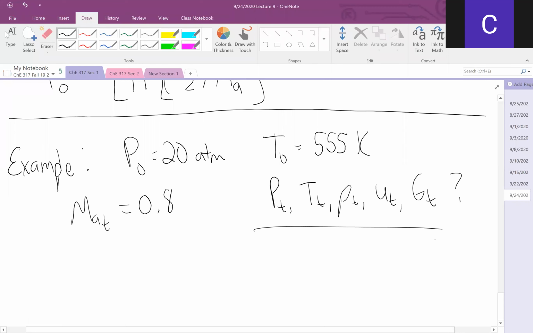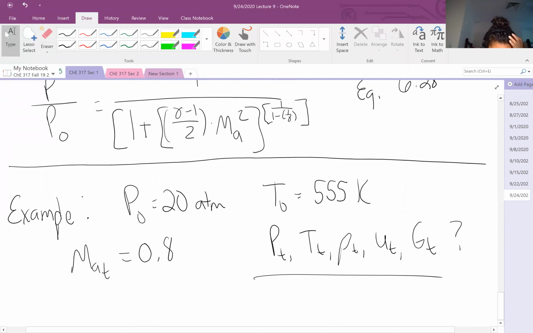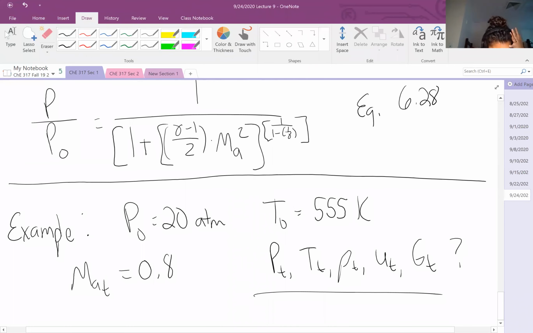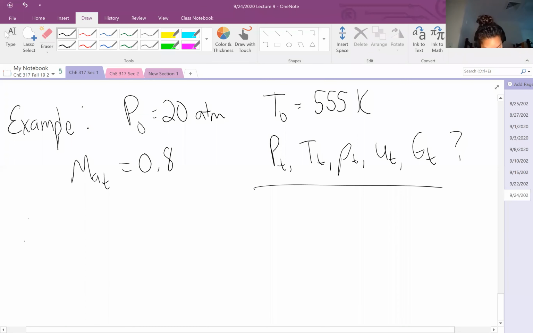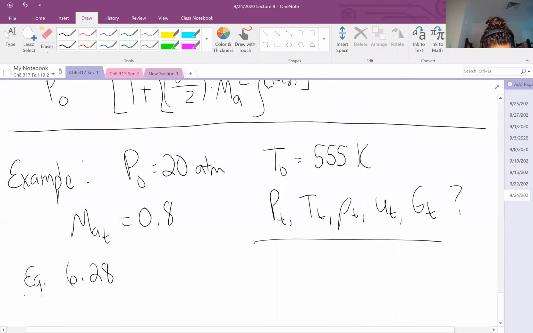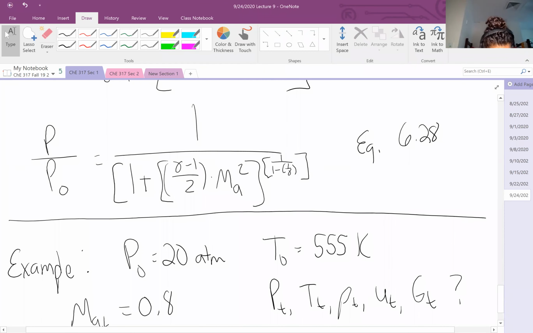So there's a couple ways that we can do this. We're going to look at a few things one at a time. The first thing we can look at is finding the pressure at the throat. And so using equation 6.28, which is just shown here, we can solve for that P over P naught, where P is the pressure at the throat and P naught is the incoming pressure.